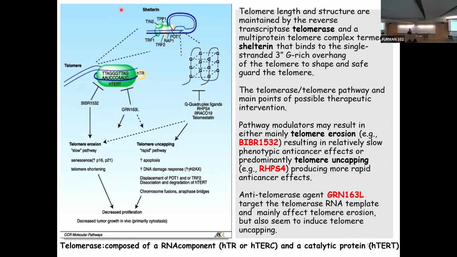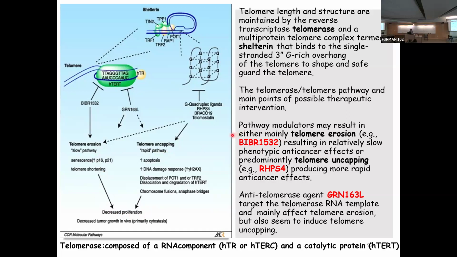My foes would like to neutralize me by inducing telomere erosion or telomere uncapping. That means, from a therapeutic point of view, the cancer cells would be promoted to go through cell death if by any means you can induce telomere erosion or telomere uncapping, and there are specific inhibitors for that.